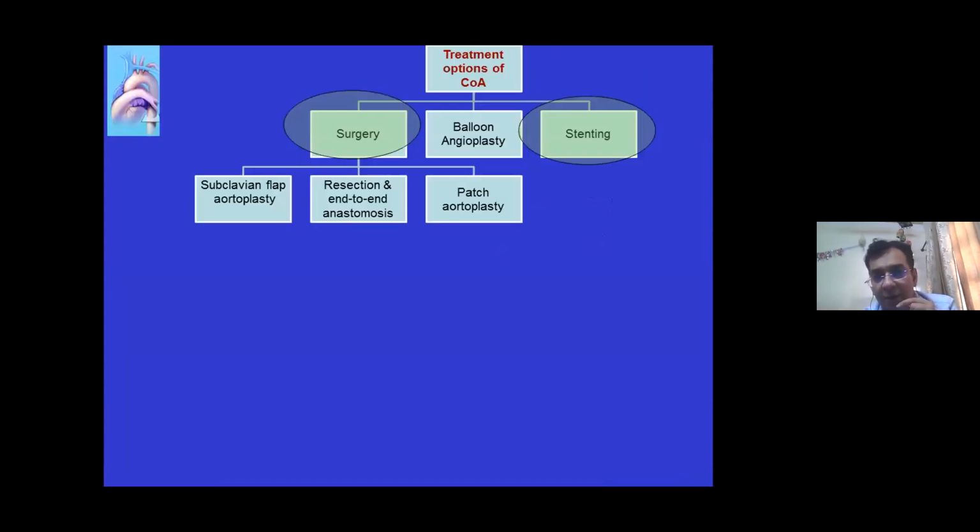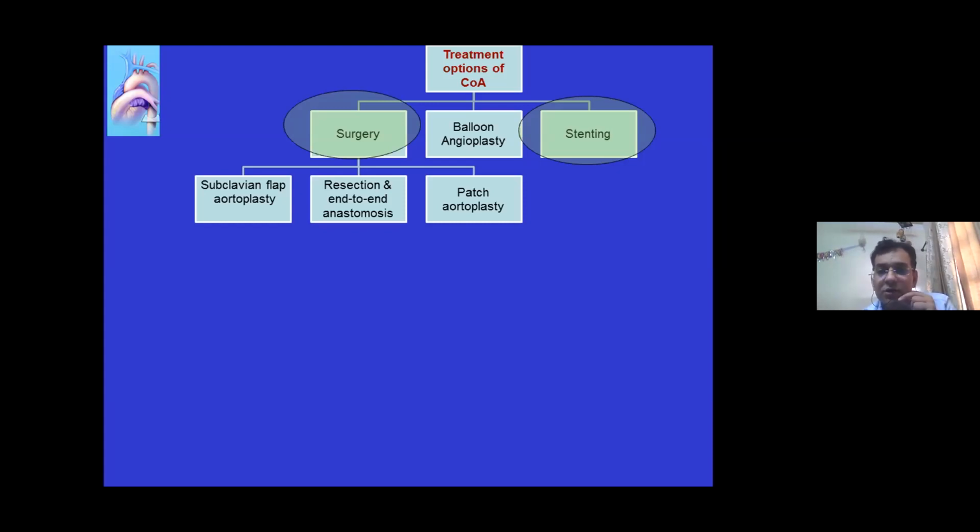What are the available options? The available options include surgery, balloon angioplasty, and stenting. Surgery is always a very bad option for a grown-up patient. The reason being, as was evident in this particular case, there were a lot of collaterals.